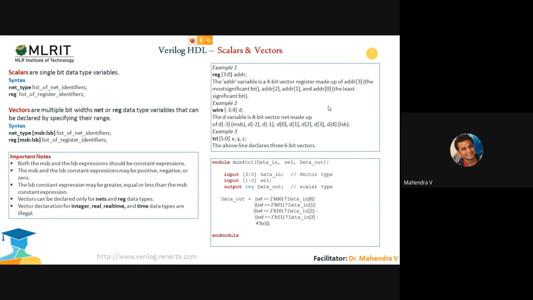Here the input is defined with 3 down to 0, that means data in 3, data in 2, data in 1, data in 0. There are 4 inputs and 2 select lines. Now if those 2 select lines are 0 0, look at this. Here we have followed the standard of representing numbers as I explained just before, 2'b0.